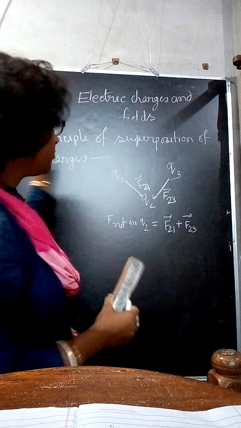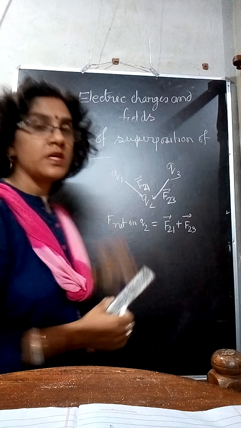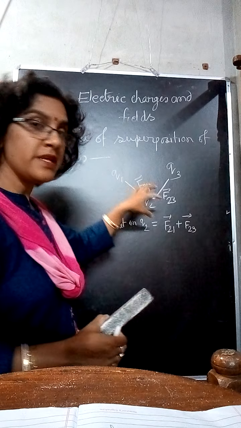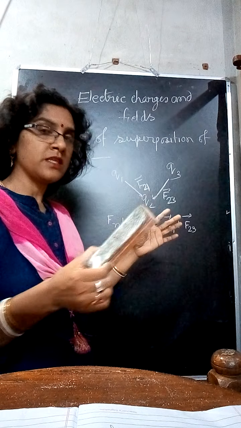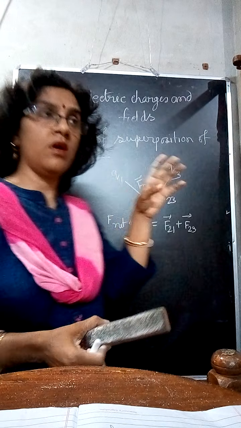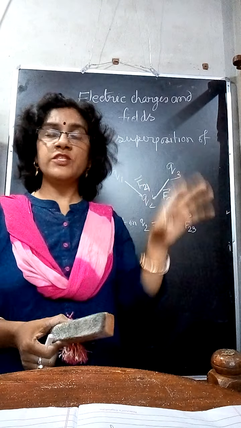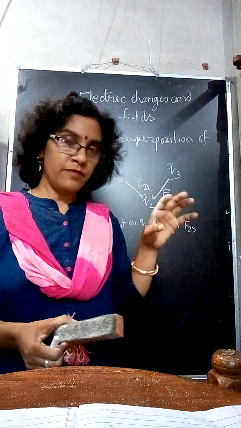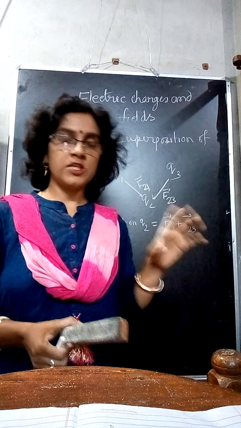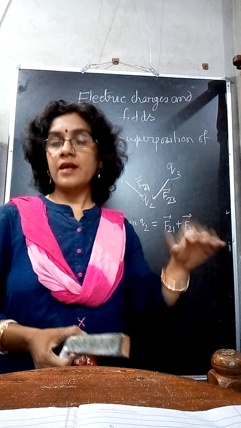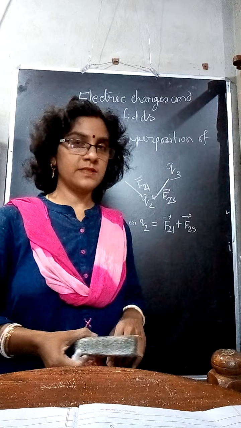This is the principle of superposition of charges. That is, in a system with lots of charge bodies, the force on any charge body will be the vector sum of the forces due to the other remaining charge bodies.